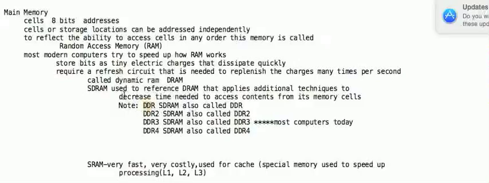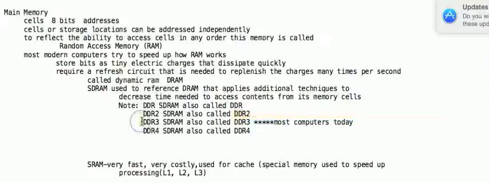So what we have here is a product called SDRAM, and then over time we made improvements to SDRAM. One of the first improvements was called DDR SDRAM, also known as DDR. Then we improved that to DDR2 SDRAM, also known as DDR2.